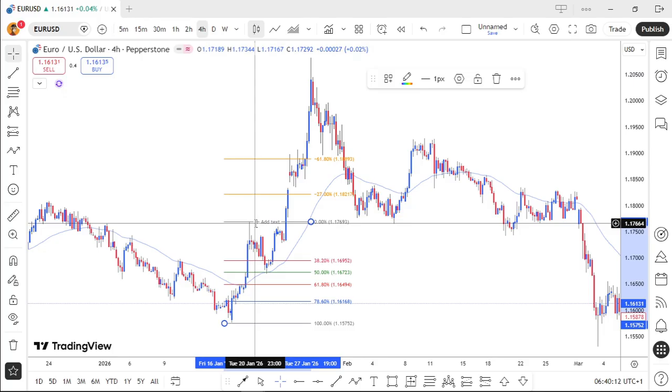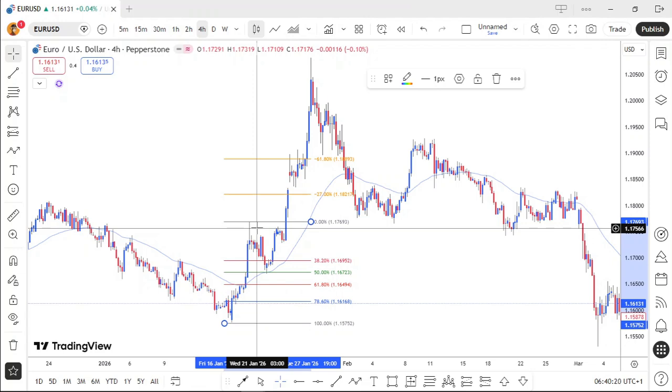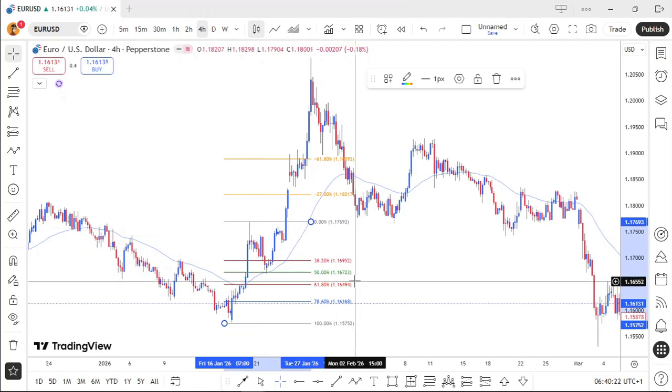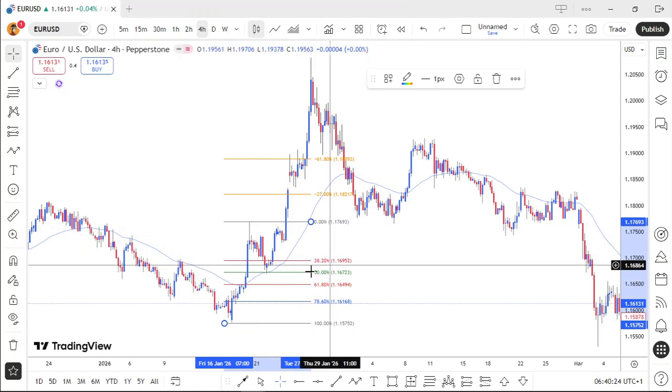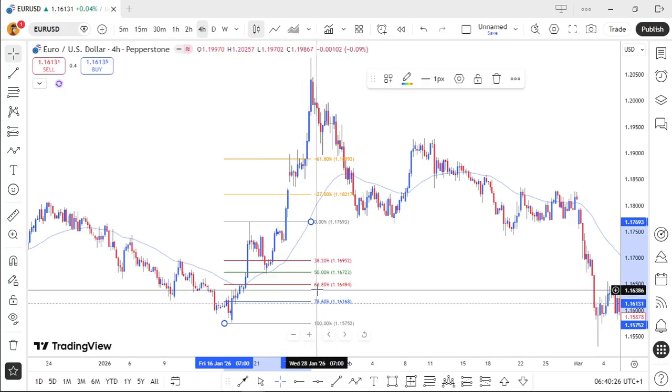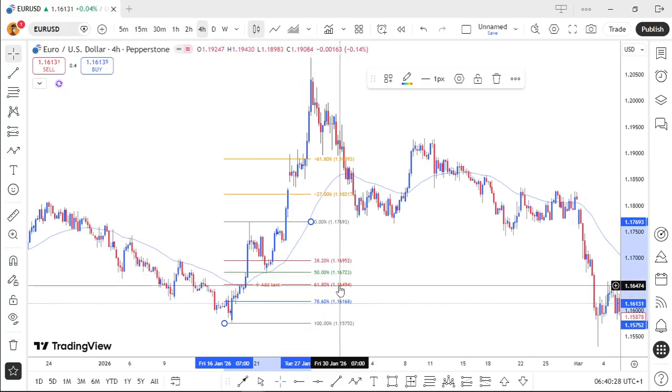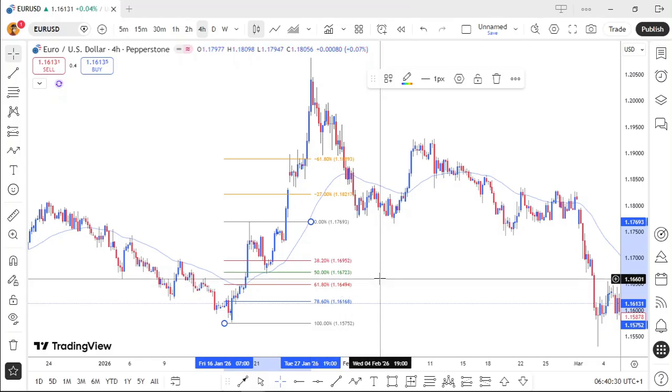So the retracement levels, the 38.2, the 50 and the 61.8, will show where price might pull back before continuing the original trend, the upward movement.